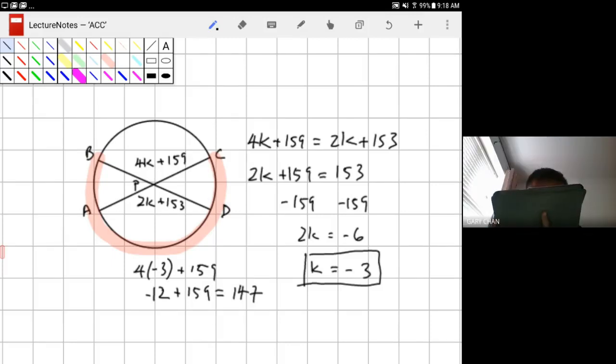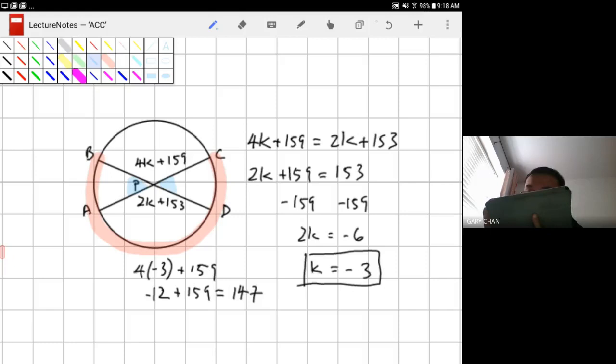I totally agree. We can find that, and we'll end up with this angle I'm highlighting in blue. We have the same thing on the other side, so those two plus 147 will give us the arc highlighted in pink.